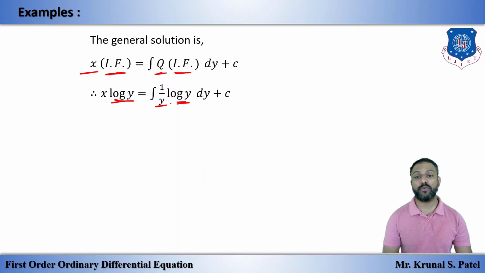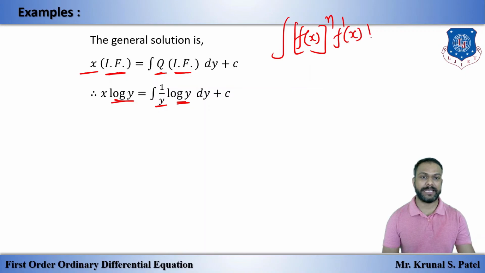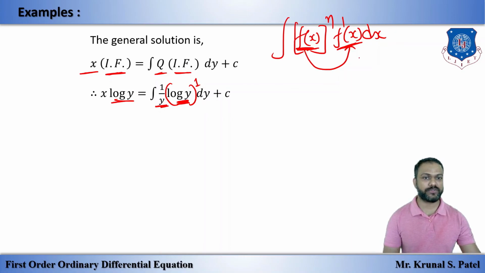Now what is the formula here? To find the integration of this, we have to use this formula: integral of (f of x) whole raised to n into f dash of x dx. It is the function with a power, and the differentiation of the function is in the multiplication, differentiation of the function only, not including the power. So here this is raised to 1, this is the power, and the differentiation of log y is 1 by y. So we can use this formula.